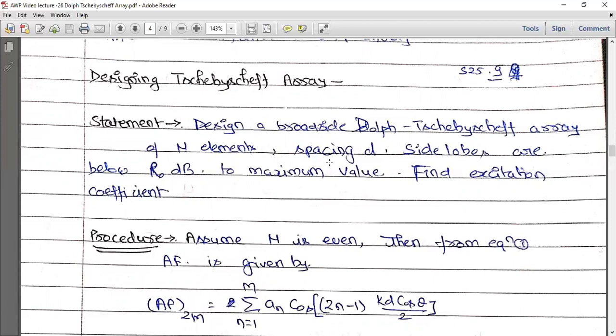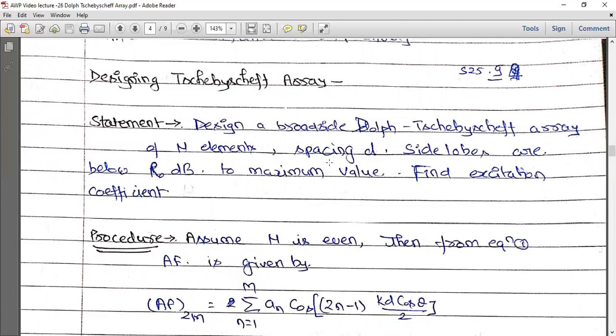It is given that the maximum of the side lobe should be R0 dB less than the maximum of the major lobe. That is the meaning of this statement. On the basis of this definition, you have to design the Chebyshev antenna array, and I hope we are comfortable with the Chebyshev polynomial.